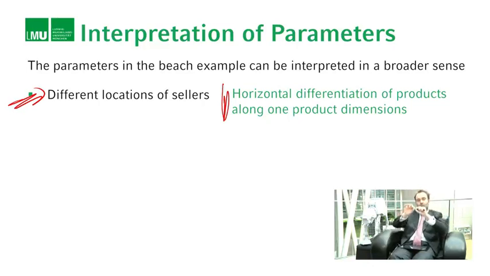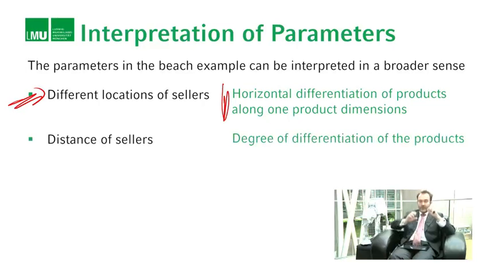As long as there's one product dimension by which products are differentiated, the distance of sellers is simply the degree of differentiation of the product. So if you have two very different colors, or an early morning flight and a late night flight, these are very different products, which means that the two are in less intense competition from each other.